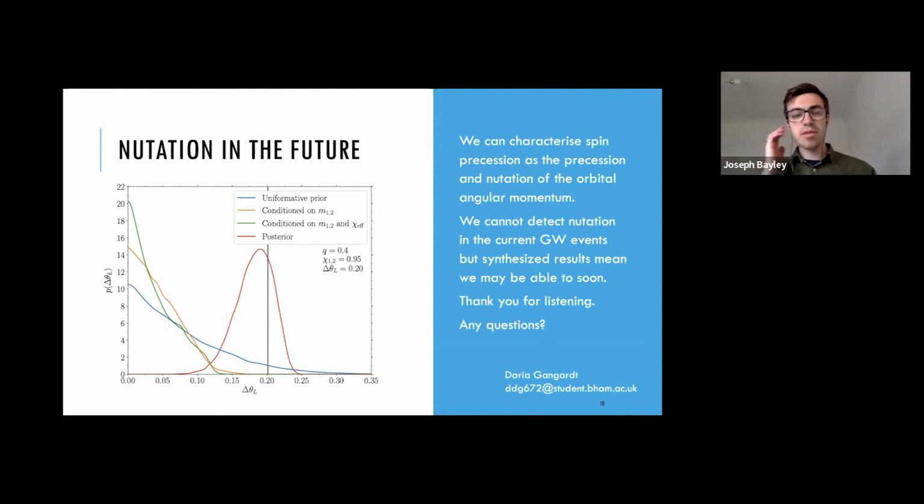I guess I can ask you, do you have an idea if there's a threshold in SNR you'd need to detect this? So the event that you see here, which is the only case where I would confidently say that we detected constrained nutation specifically, the SNR is quite high.